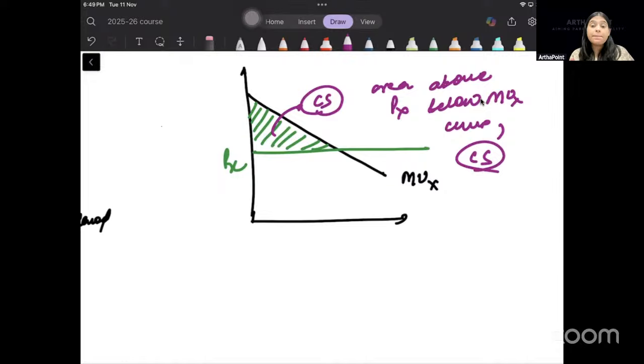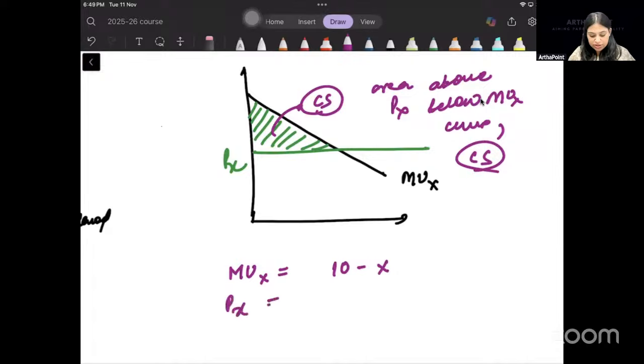Sometimes they may ask you in the exam how to find consumer surplus from the marginal utility curve. Okay? Suppose I tell you the marginal utility curve is 10 minus x.